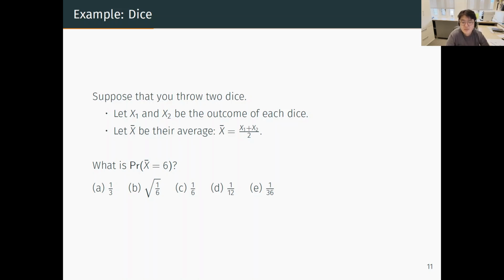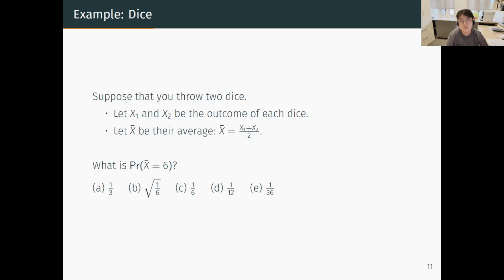Okay, so then let's think about the probability that the average equals 6. There is no trap, it's pretty simple. Just practice. Now how do we think about that? There are 36 possible combinations, right? 6 possible outcomes from number 1, 6 possible outcomes from number 2.